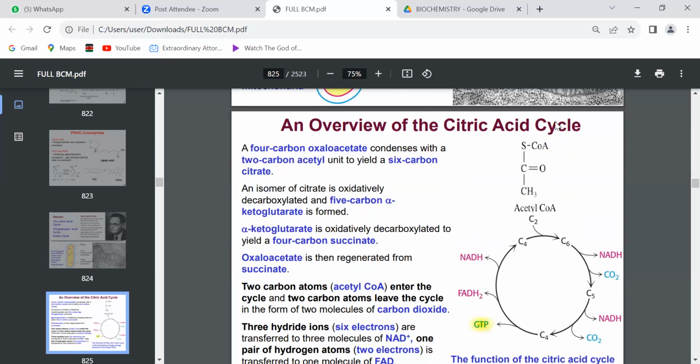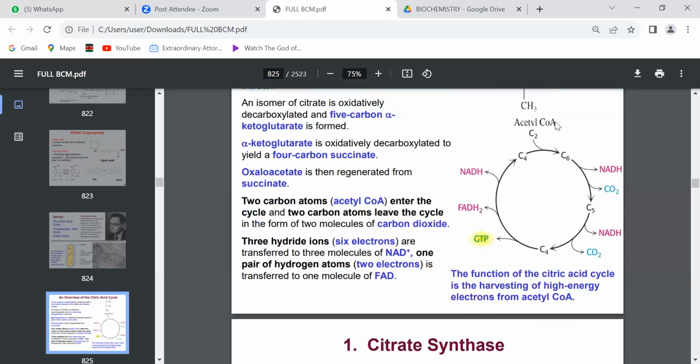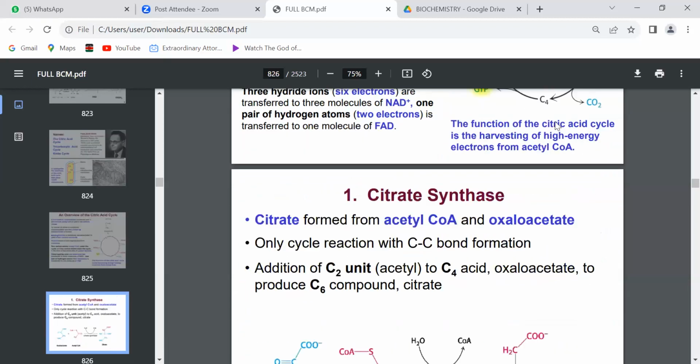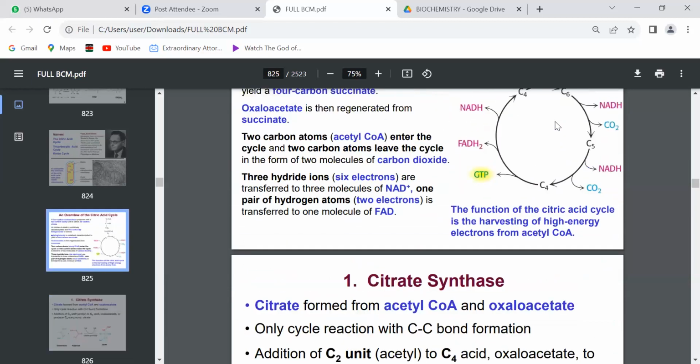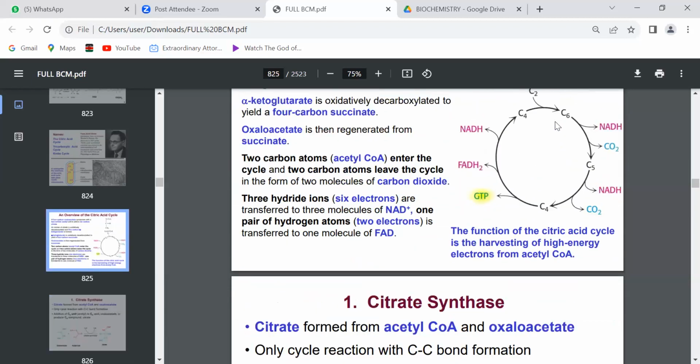Basically what happens, again, we just keep repeating the same things. From pyruvate to acetyl-CoA, then the acetyl-CoA ends up being converted into the end product where we get oxaloacetate, ADP, NADPH, and other things.